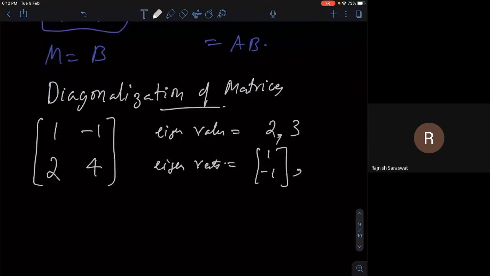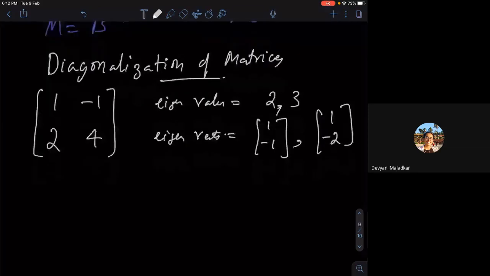Can you solve it and tell me what is the eigenvector corresponding to eigenvalue 3? So it's 1, minus 2. Okay, so 1, minus 2 gives me 1 plus 3, and minus 8, which is minus 6. Okay, good. So these are the eigenvalues and eigenvectors.